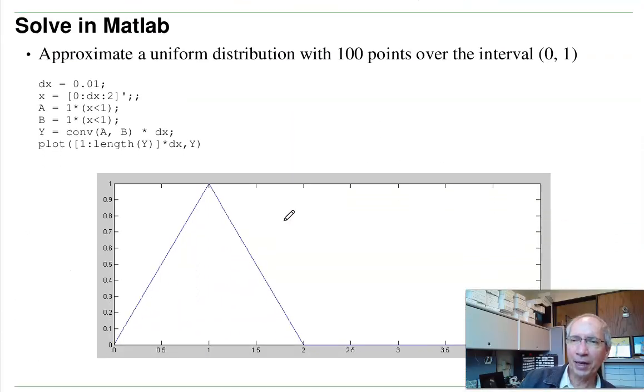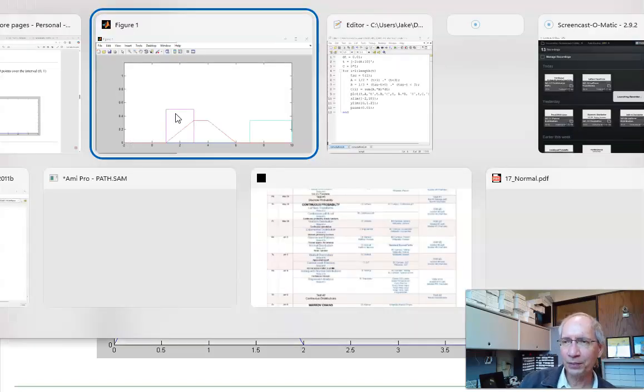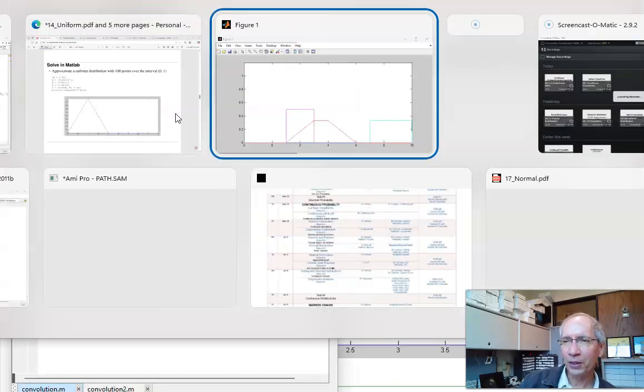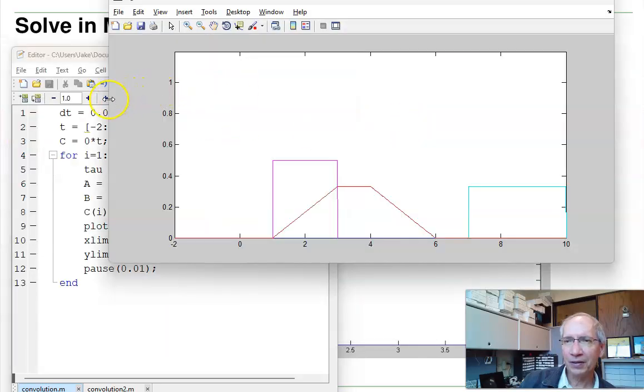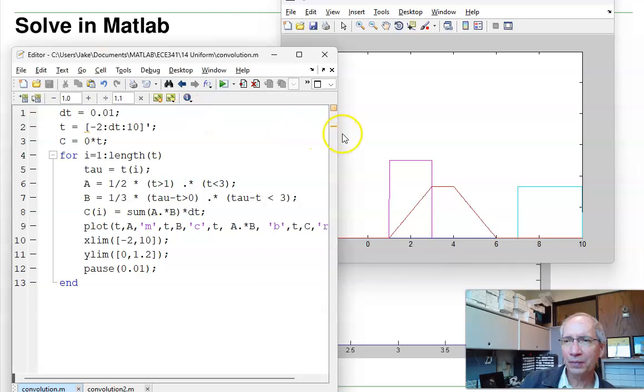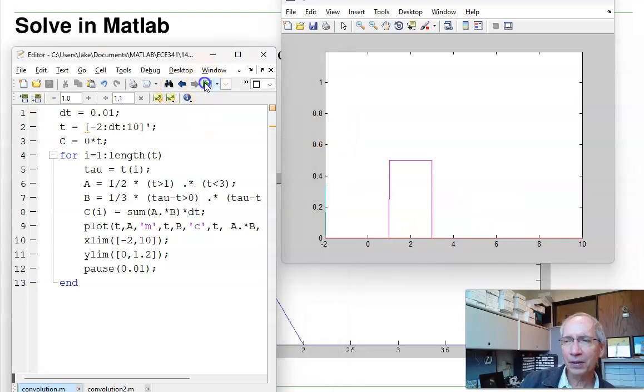I could solve in MATLAB, and that's what I did in the simulation. I'm going to sweep from 0 to 2. Here's a hard way to do it. This is the hard way to do it. Kind of fun to watch. You're sweeping it, watching it go forward.